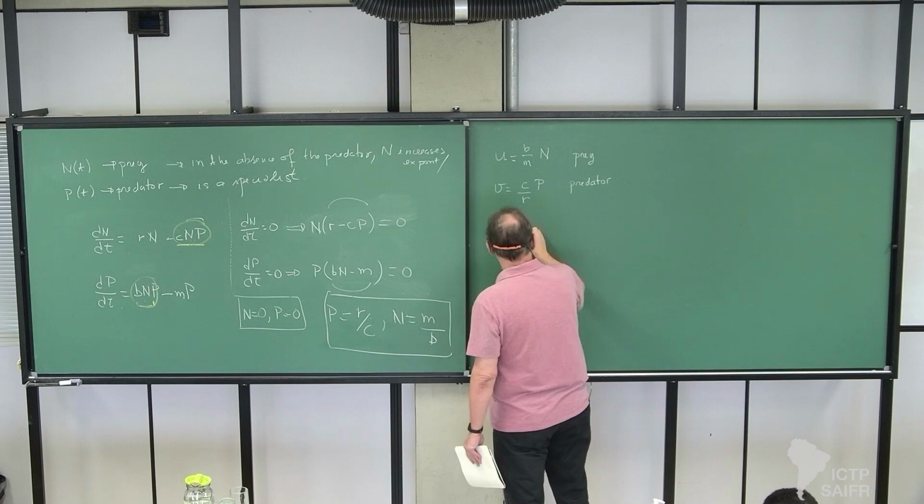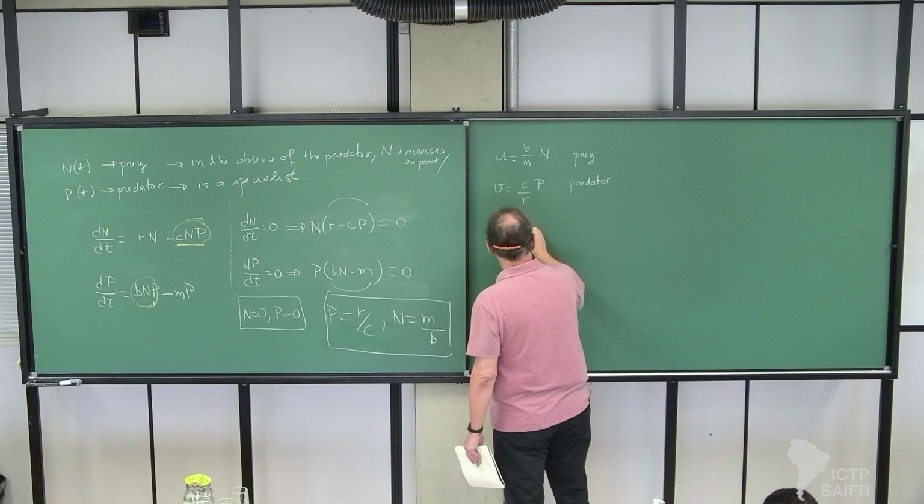This first term here will be equal to r times N, which is, I need to check for a mistake here. It's b over m. Did I do this correctly? Let's see. Okay, that's r times m over b u, which is this term, minus c times N times P. So N is m over b times u, but P is r over c times v.